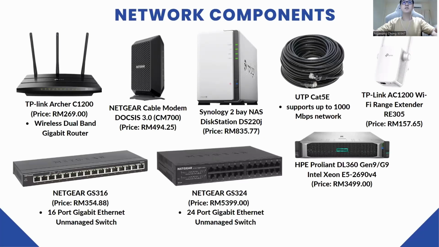These are the network components indicated. The router used is the TP-Link Archer C1200 with a price of 269 ringgit. This is a wireless dual band gigabit router which provides frequencies of 2.4 GHz and 5 GHz. The dual band router signal can avoid interference from other electronic devices such as microwaves and Bluetooth devices that may even cause disconnection.